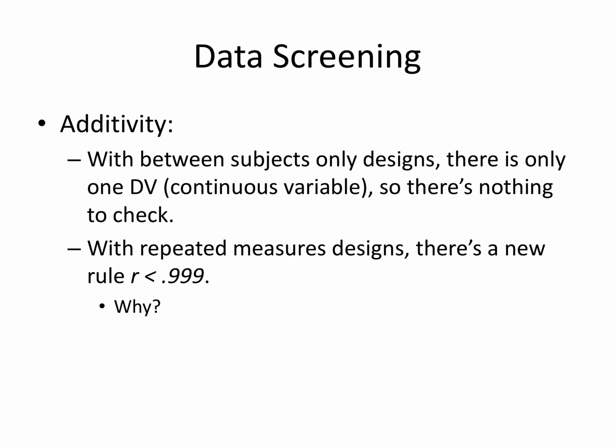With between subjects designs, there's only one DV, so there's no additivity to check for. With a repeated measures design, there's a new rule. Basically, R cannot be 1. Okay, it has to be less than .999, which essentially means R can't be 1. Now, with repeated measures, I expect people's scores to be correlated, and if they aren't, you tend to lose power.